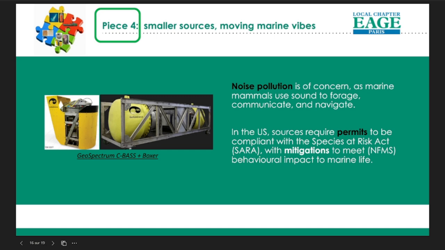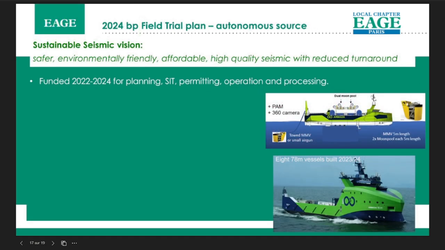So we have to change the expectations that we have in terms of sound levels and sound exposure levels as well as peak levels. But I'm going to give you a quick 1-slide view of work we're doing this year to try and pull all of this together in a field trial. So we're going to sail one of these 78-meter autonomous vessels from Europe to the US.